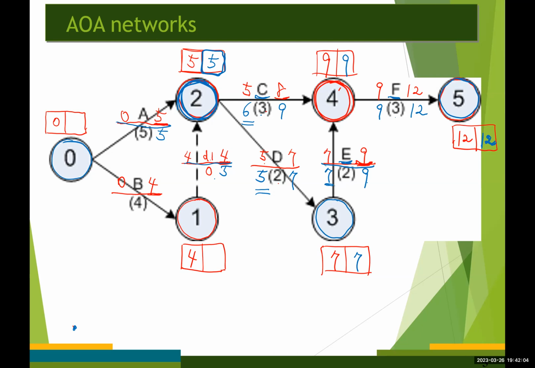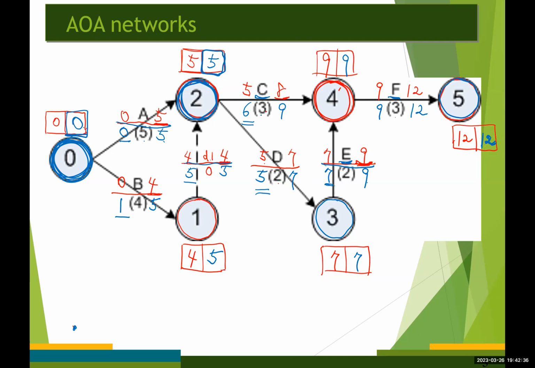So 5 minus 0 is 5, and 5 minus 5 becomes 0. And from here, we have 5, and 5 minus 4 becomes 1. Again, it's time to determine the latest time for event number 1. We're going to take the smaller value between 0 and 1, which is 0.